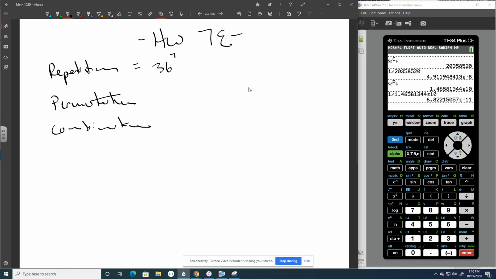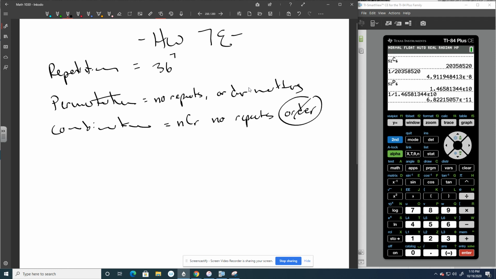So you do 36 to the 7. Permutation is when there's no repeats and order matters. Combination is that NCR, and that's when there's no repeats and the order does not matter. Repetition is when they can repeat, and that's just when you've got 10 choices, then 10 choices, then 10 choices.